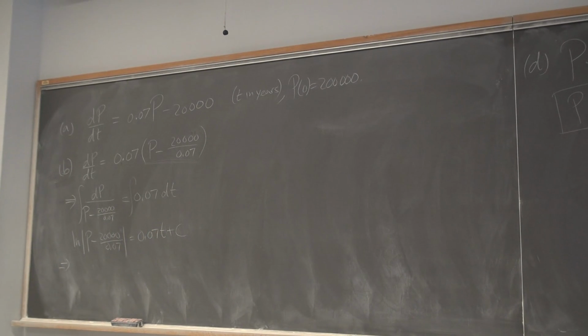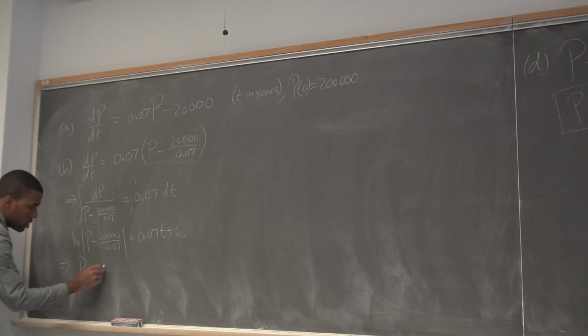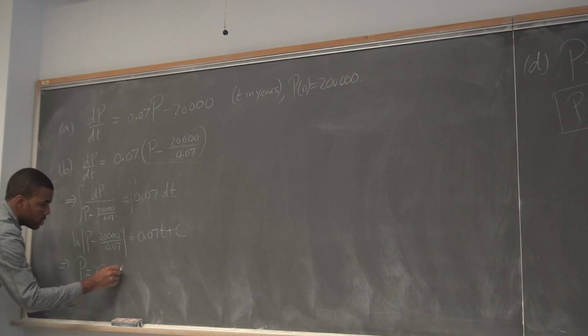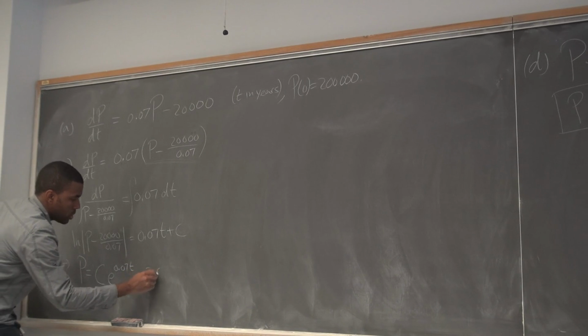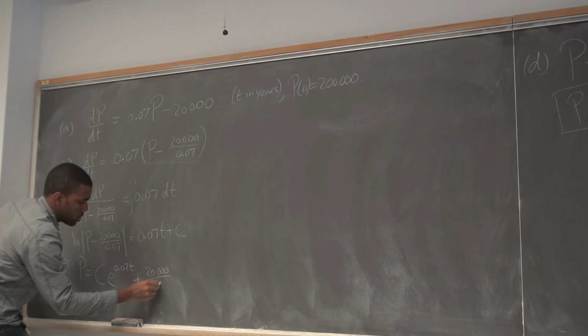So of course, raise both sides to the e, and then you get P minus this, and you add it to both sides, so you end up with P is equal to Ce to the 0.07t plus 20,000 over 0.07.